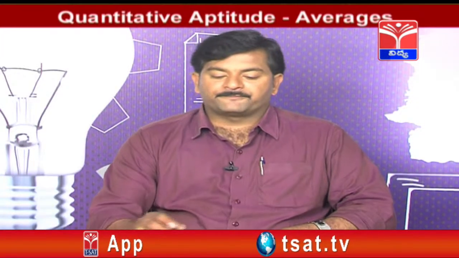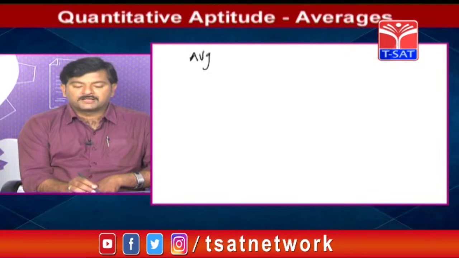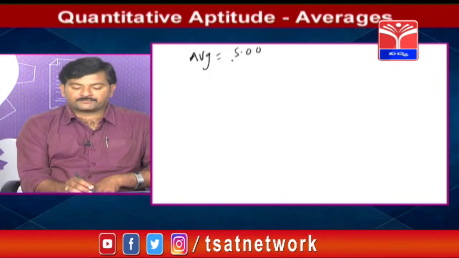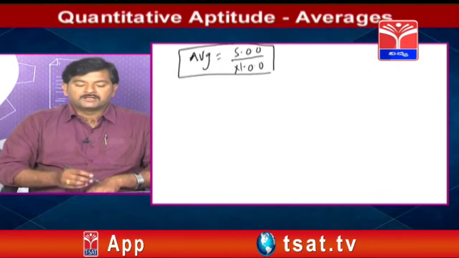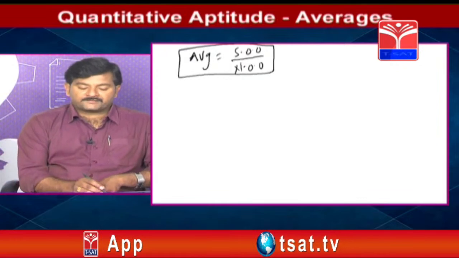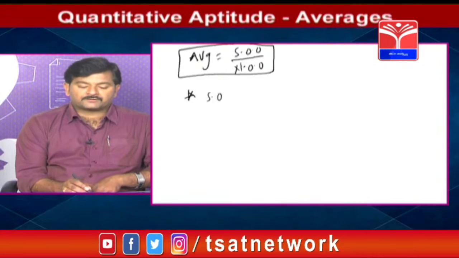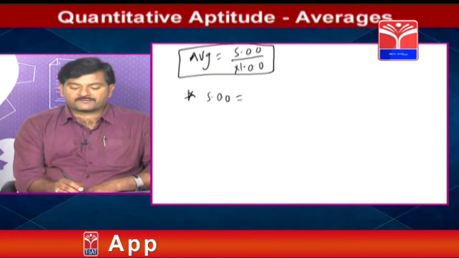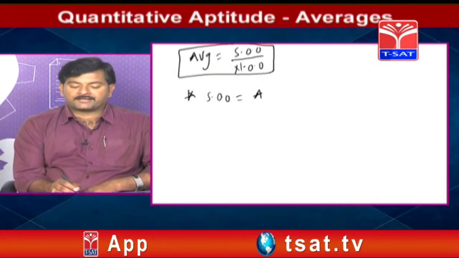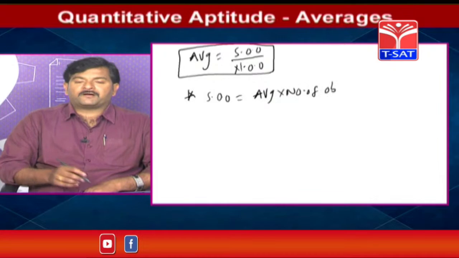By using this, we can discuss one different concept. Just now I told you the average formula: average equals sum of the observations by number of the observations. This is the basic formula. From this we can derive two different formulas. First, to find the sum of the observations: sum of the observations equals average into number of observations.